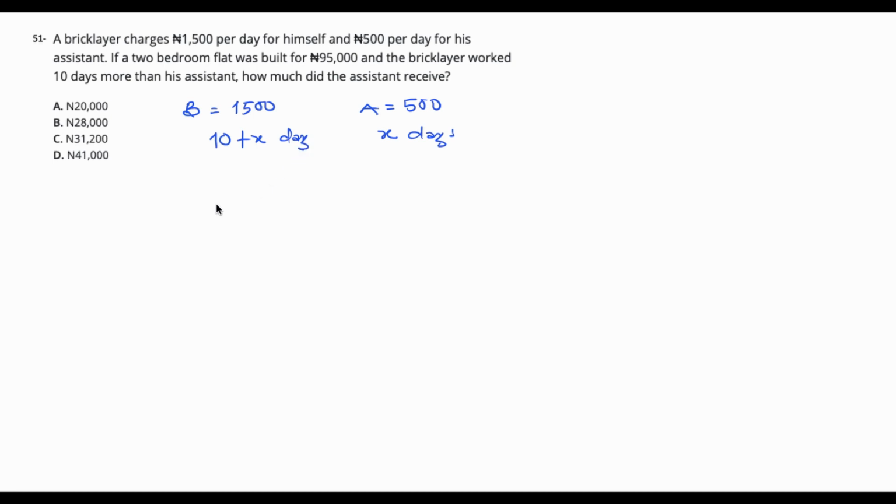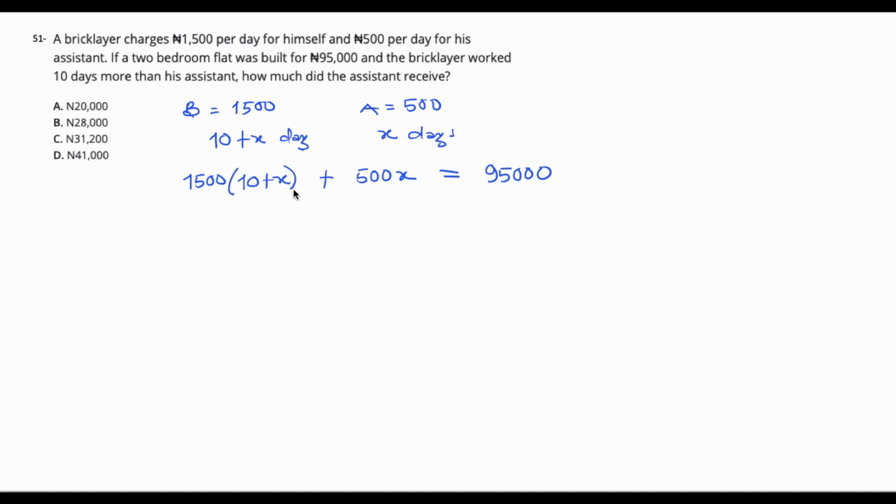The total amount that was charged will be equal to 1,500 per day for the bricklayer times the number of days the bricklayer works, which is 10 plus X days, plus 500 per day for the assistant times the number of days the assistant works, which is X days, and the total amount that was charged was 95,000 naira. So now we have to solve for X to know how many number of days the assistant worked for.